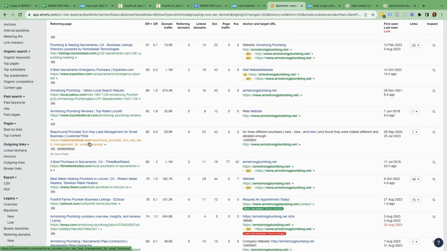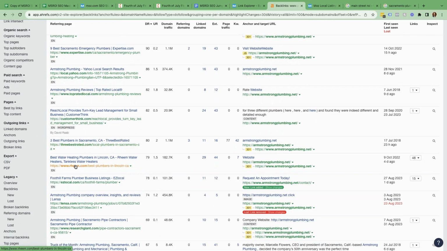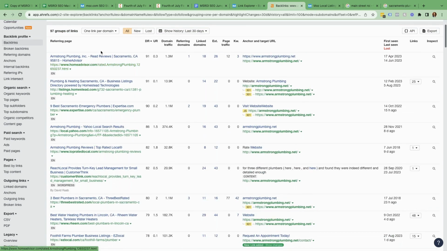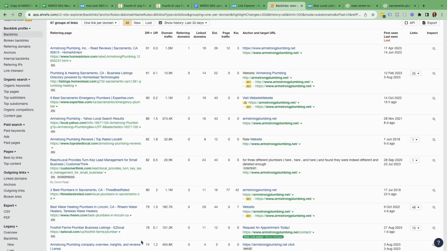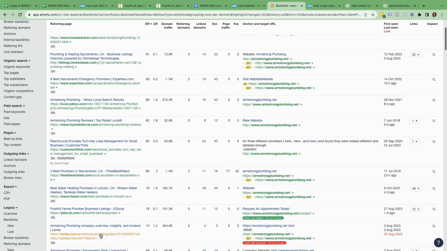Don't know what that is. 3 Best Rated, Easy Local. So most of their top links are from directory submissions. All these are just directories that they exist in. And just down the page, all these have a domain rating of 74 and above.